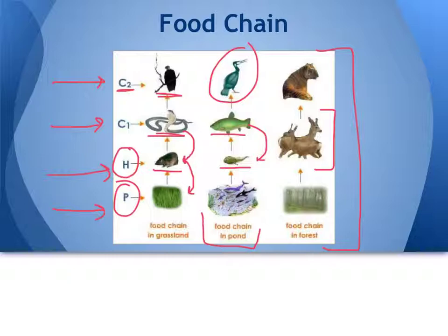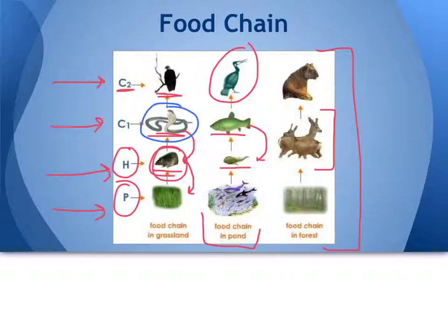Now, we have to also recognize that a food chain is a simplified representation of feeding relationships. It doesn't capture the intricacies of a community, specifically the feeding relationships in a community, because we also know that this mouse here, for example, is not the only food source for this snake.